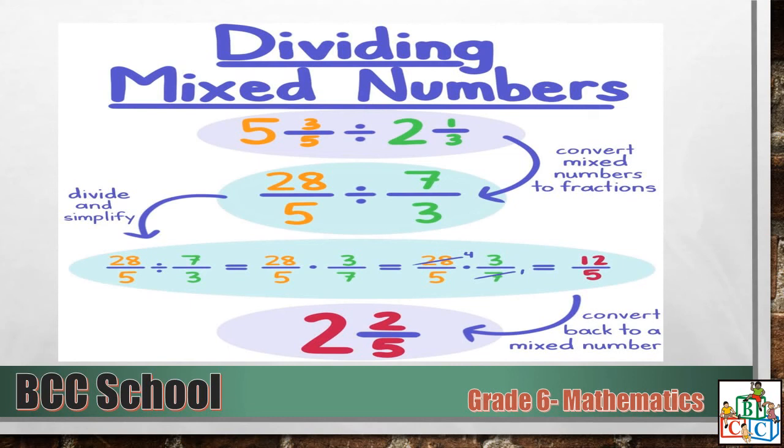You will change the second fraction. If your answer is an improper fraction, you will convert it to a mixed number. Take a look at the example.